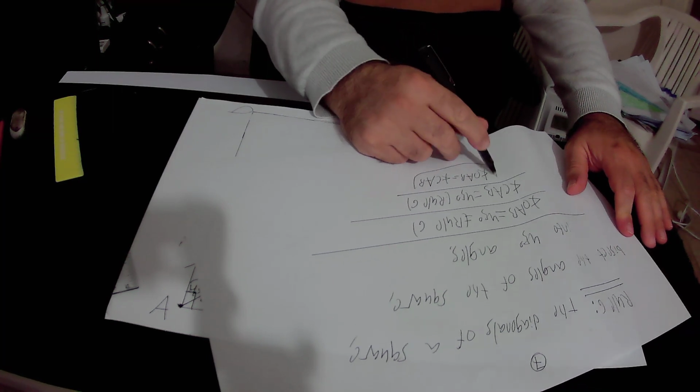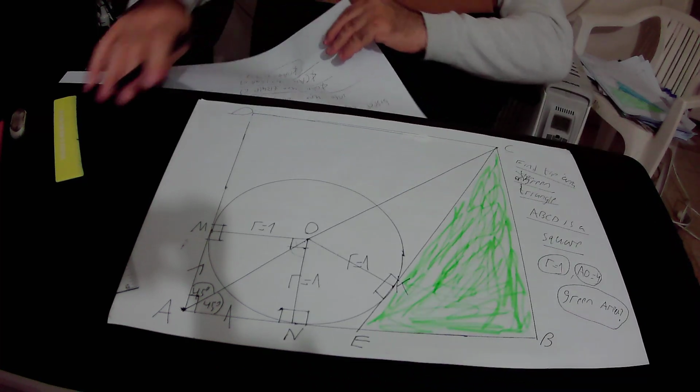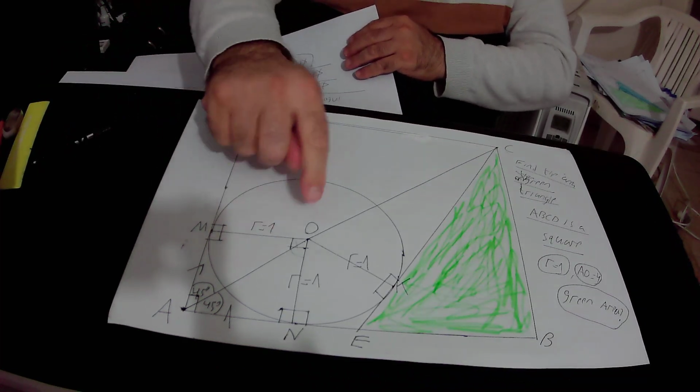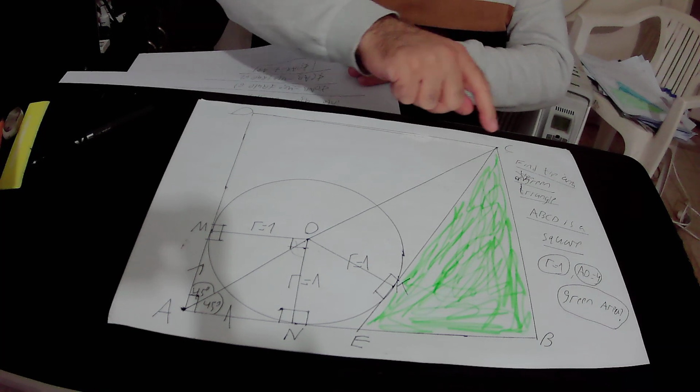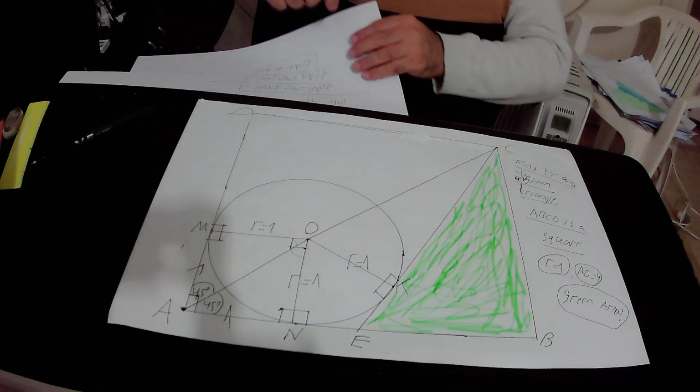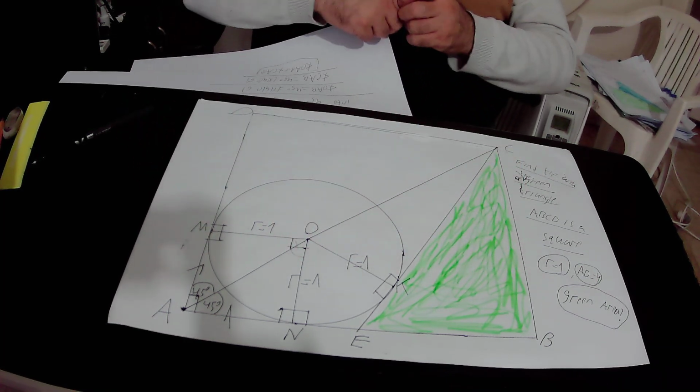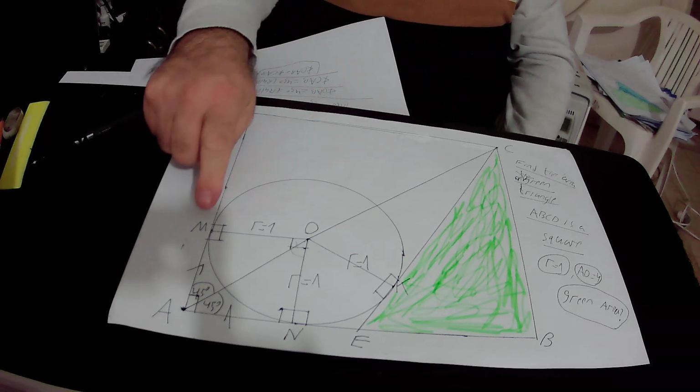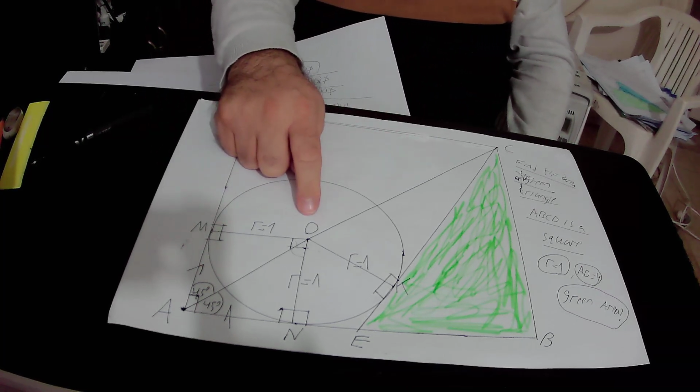And from the fact that angle OAB equals angle CAB, we will conclude that the diagonal CA or AC passes through point O.